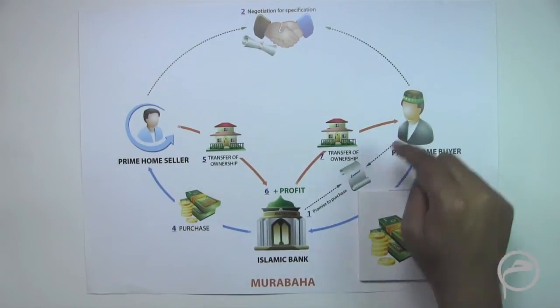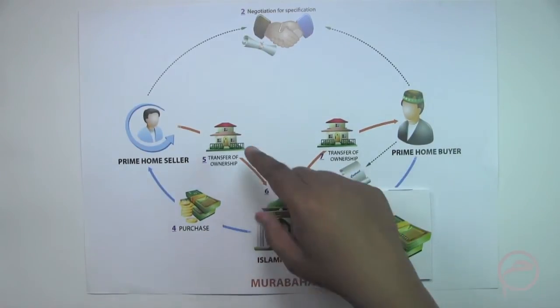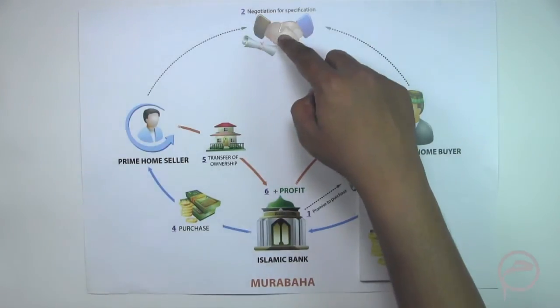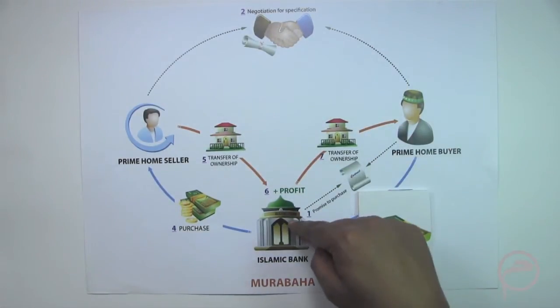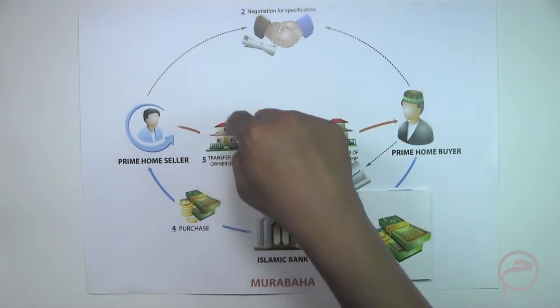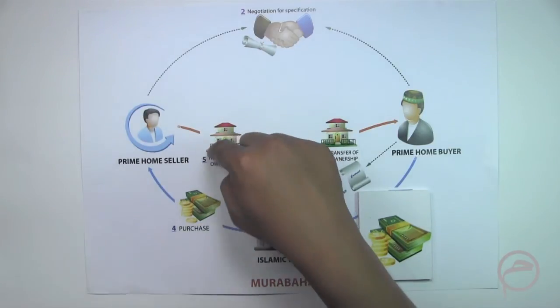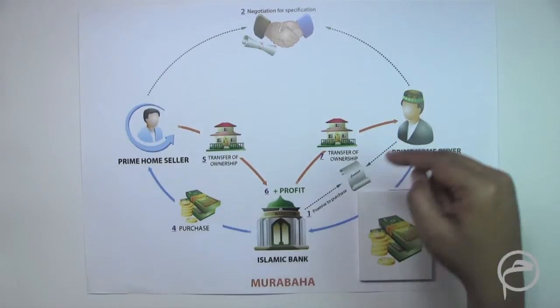The customer has approached the Islamic bank with an intention to purchase a house. There is a negotiation which takes place. There is a unilateral promise given by the customer in favor of the bank, mentioning that if the bank purchases the house, then the customer will purchase the same from the bank.